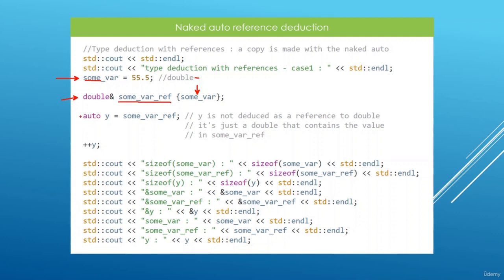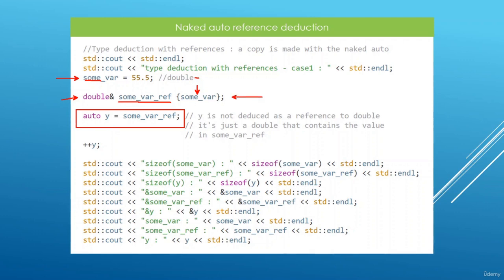But if we go down and do a syntax like this with auto-type deduction, what is going to happen might surprise you. Y is going to be deduced to be of double type, but it's not going to be a reference. It's basically going to be a copy of the value that this reference here is referencing.